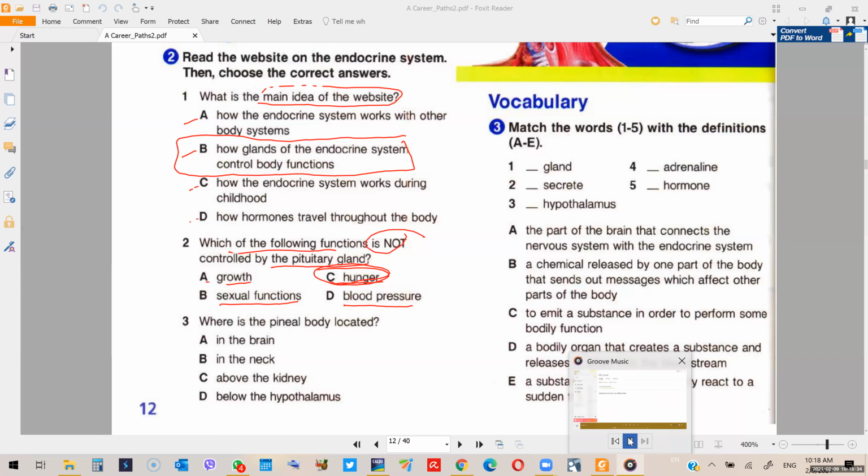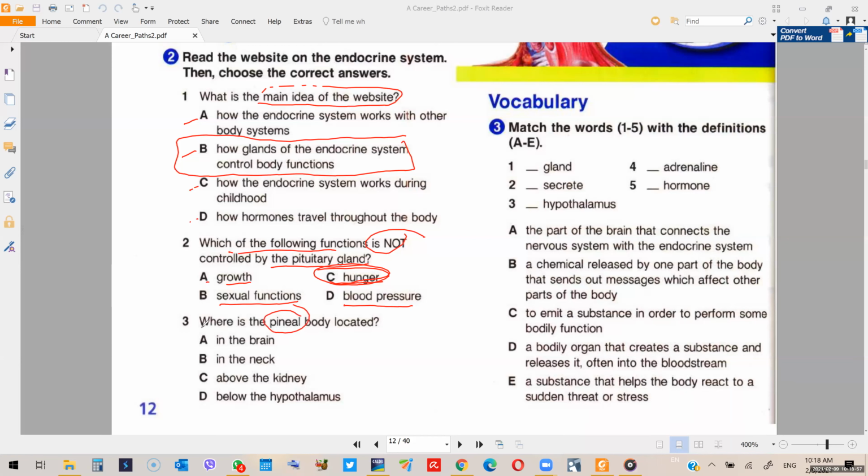The pineal body or pineal gland is located in the center of the brain. It produces melatonin, which regulates sleep cycles. Adrenal gland. One adrenal gland is located above each kidney. They produce adrenaline, which helps the body respond to stress.